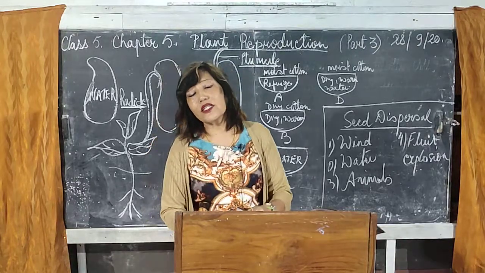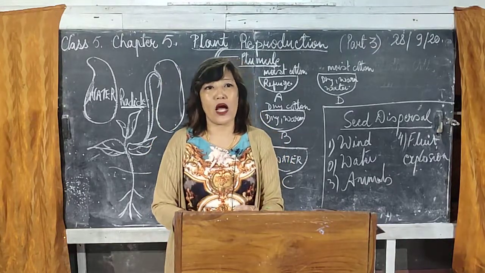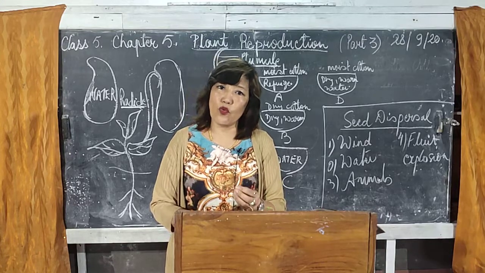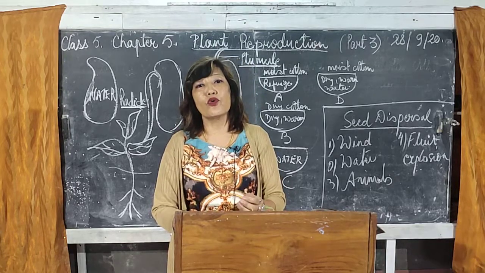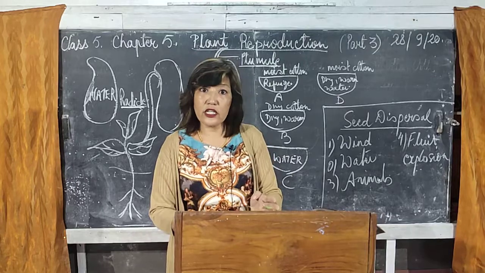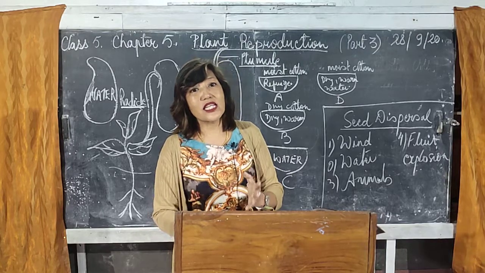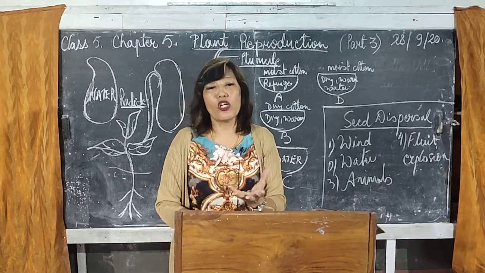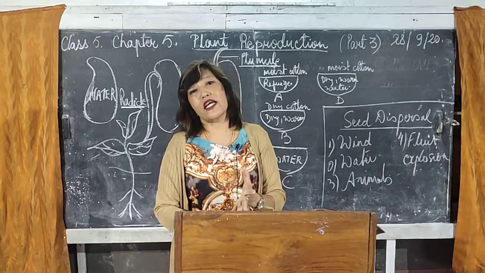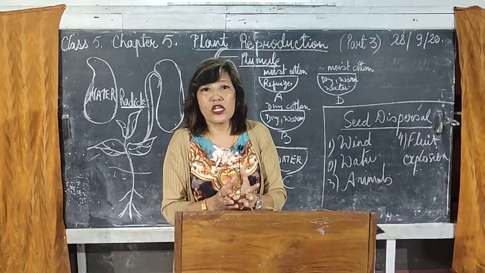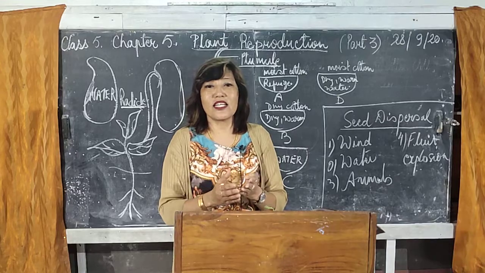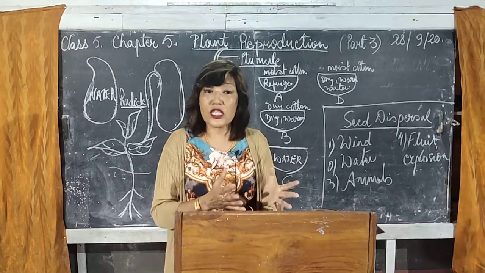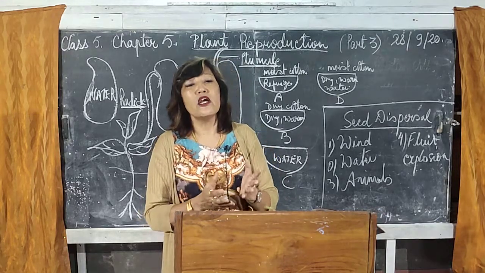Then the next agent is water. Now, water will disperse the seeds of those plants which grow in water or near the water. So the seeds must be spongy, or must have a fibrous outer covering which will help the seeds to float in water. This type of seeds will be dispersed by water.